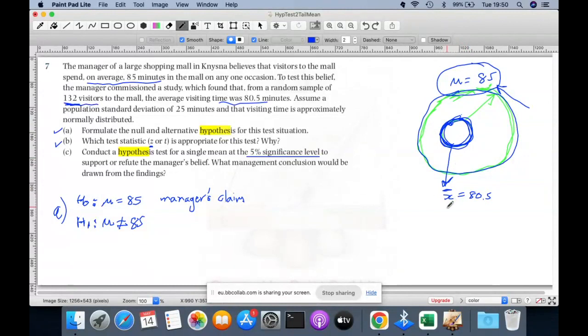In this case, we find that their average shopping time was 80.5 minutes. Then we're going to test the theory that the manager stated: his or her theory is that the shopping average of people is 85 minutes. So we declare it as H0 and H1, with mu equal to 85 being H0 and H1 being mu not equal to 85.